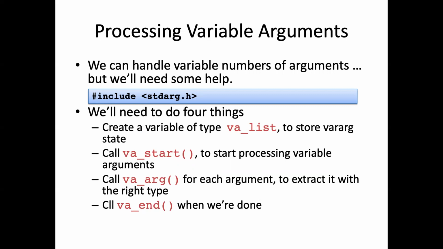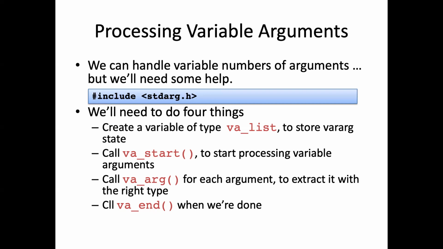I'll tell you what these do real fast. It's what's listed on the slide here. And then we'll talk about how we would actually use them. And we'll look at, I think, 3 examples that show how these can be used. The first is a type. It's defined with help from the preprocessor, but the type is va_list.